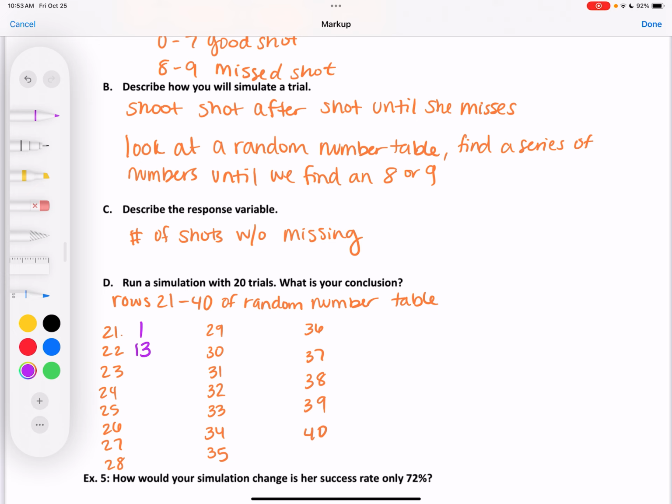23, 1, 2, 3, 4, then there's a miss, so 4.